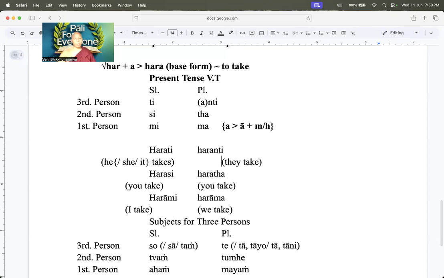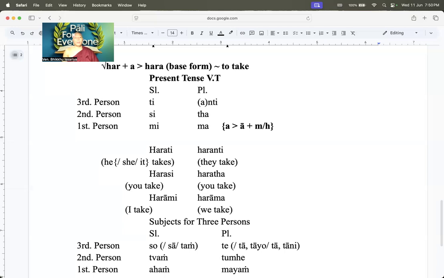But in Pali, only such a present form, but based on the context, it can be he is taking, or they are taking, you are taking, I am taking, we are taking. In this way, continuous tense also can be understood.